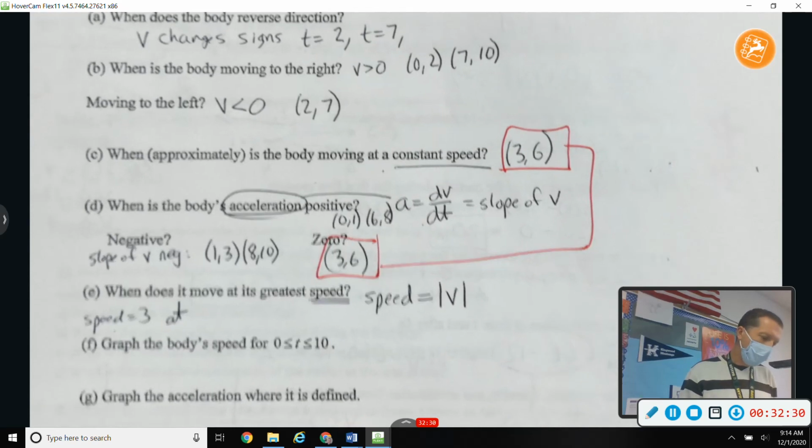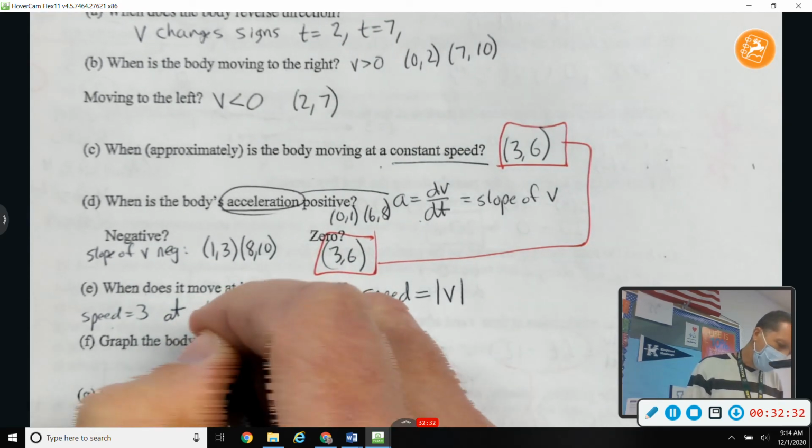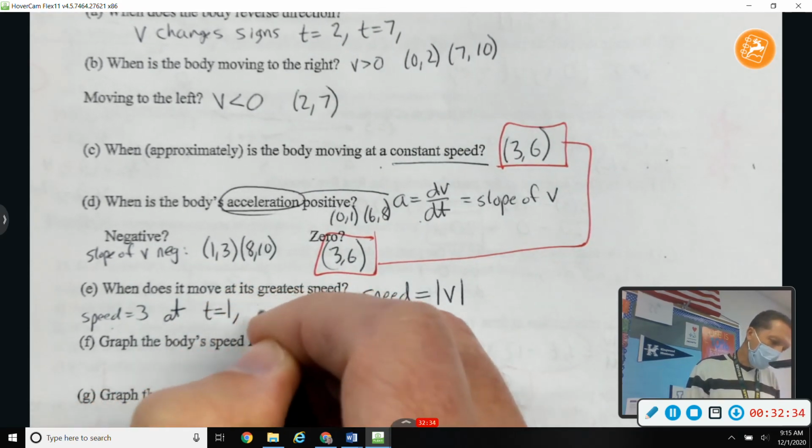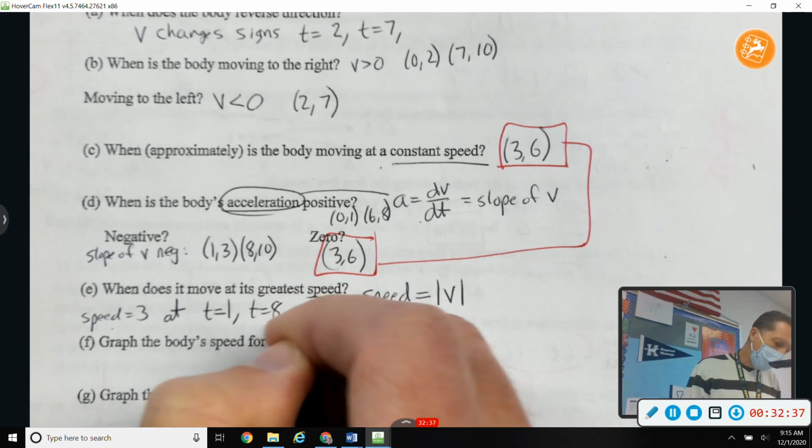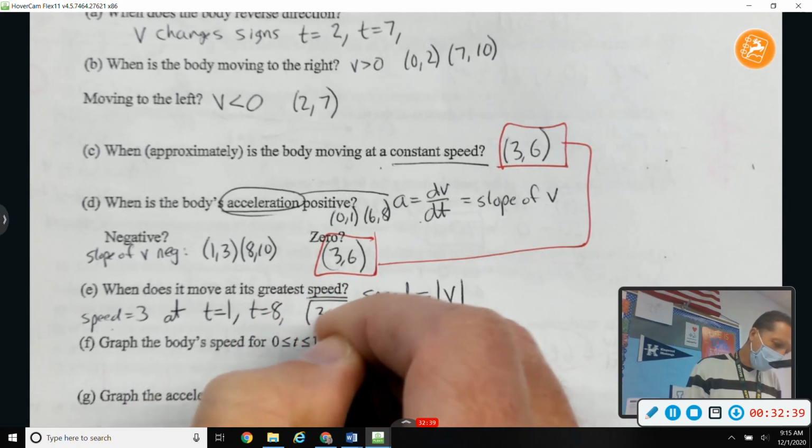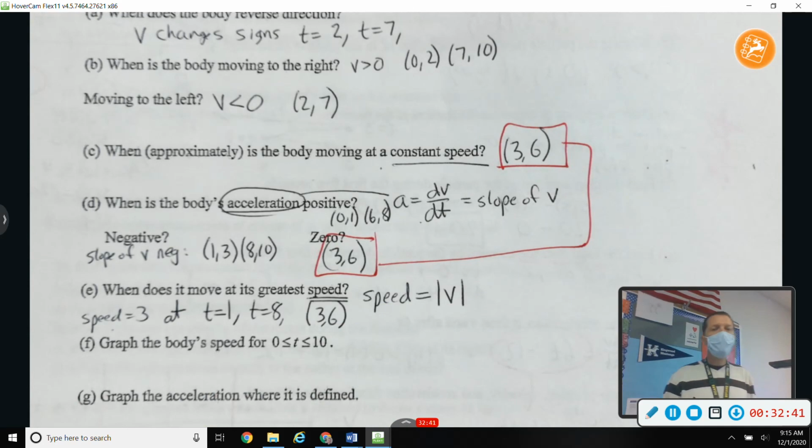Speed equals 3 at, this is a little bit weird of an answer, at time equals 1, at time equals 8, and from 3 to 6. So 2 instants where it's going 3 positive, and then a long span where it's going 3 negative.